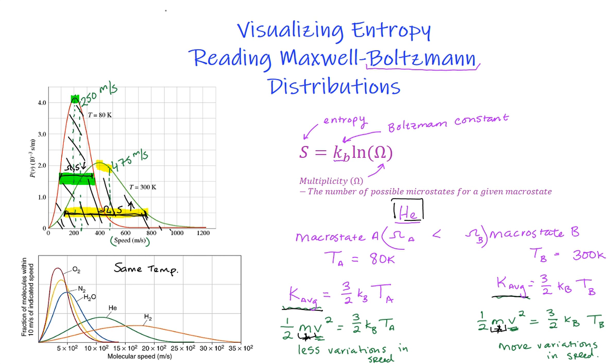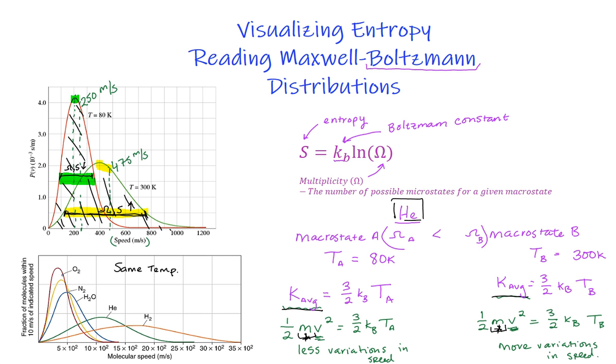So you have to be careful when you're looking at a Maxwell-Boltzmann distribution. You can't necessarily say that a higher temperature has a greater entropy because you have to make sure that you're first comparing the same particles. If you're comparing the same particles, then yes, a higher temperature will have a higher entropy.